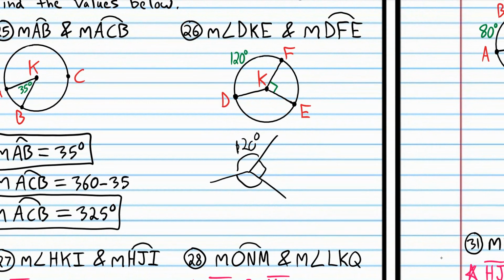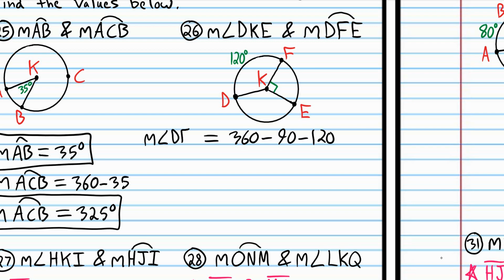So we know that these angles all make a full rotation. So we just take 360 and we subtract 90 and then subtract 120, and that should be equal to the measure of angle DKE. So we get 150. So measure of angle DKE is equal to 150.